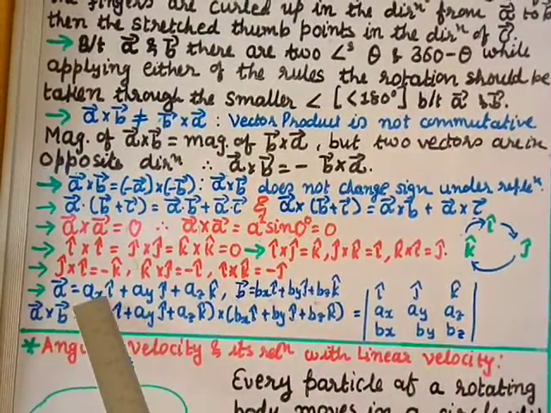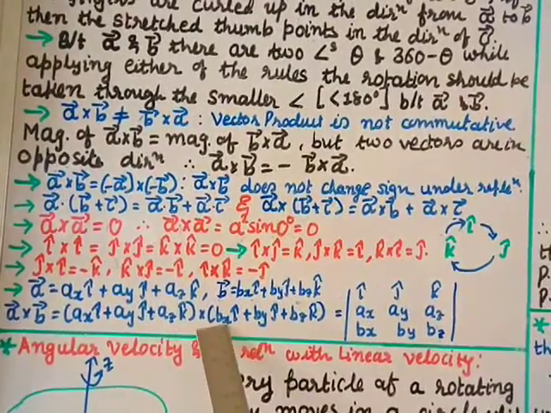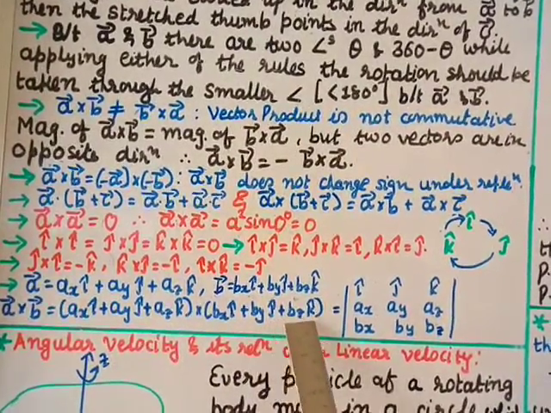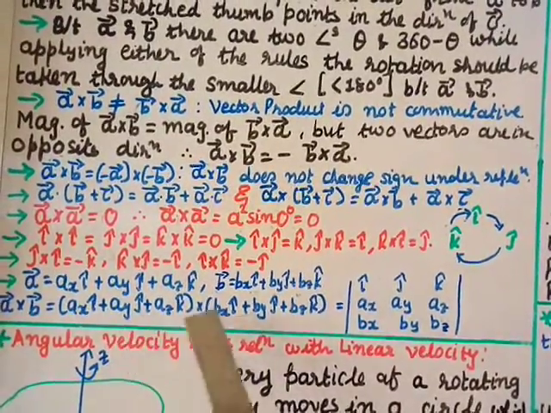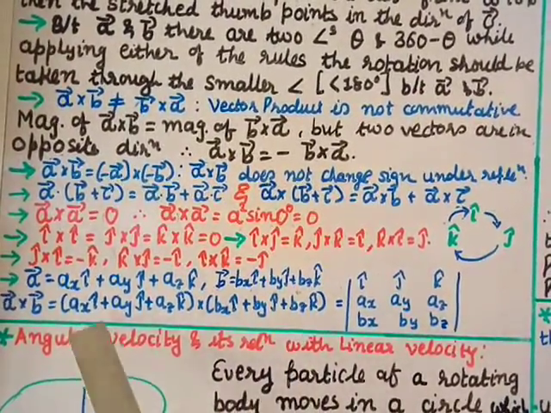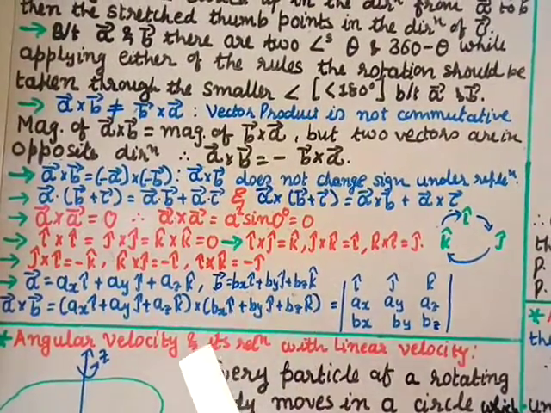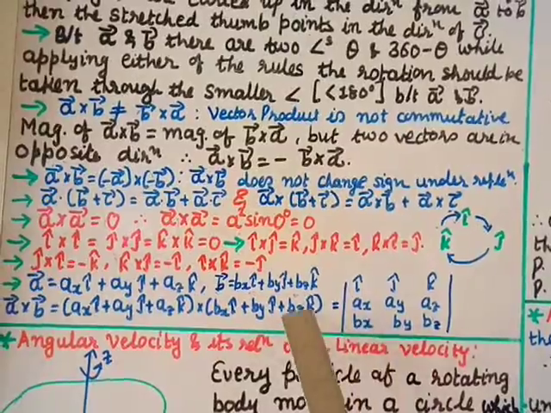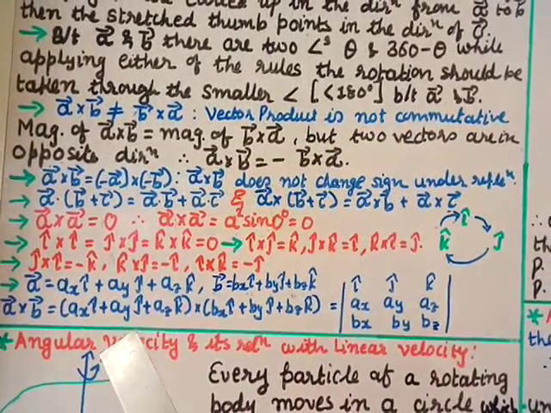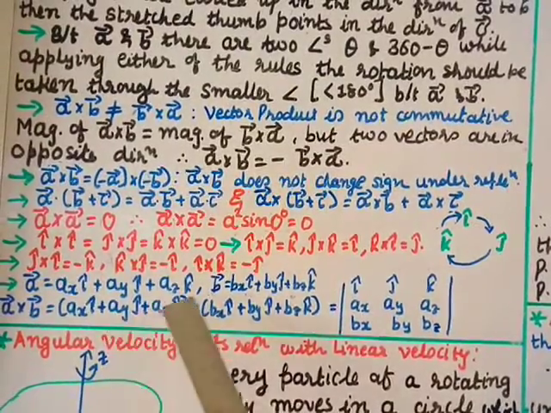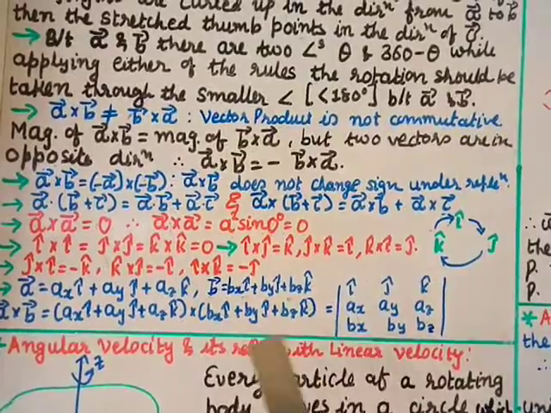Now I cross I is 0, j cross j is 0, k cross k is 0, but I cross j will give you k cap, I cross k will give you minus j cap, then j cross I will give you minus k cap, then j cross j will be 0, j cross k will be I cap.